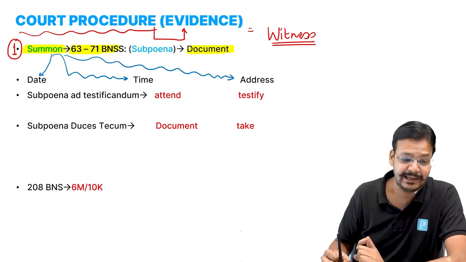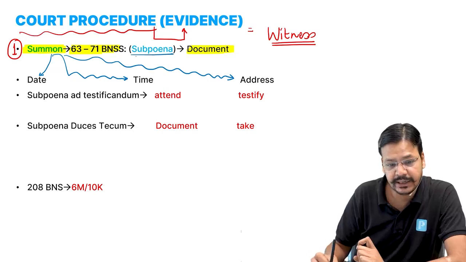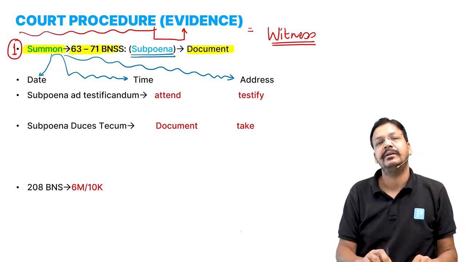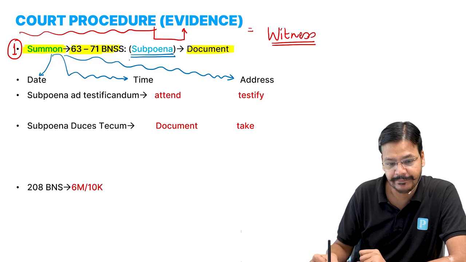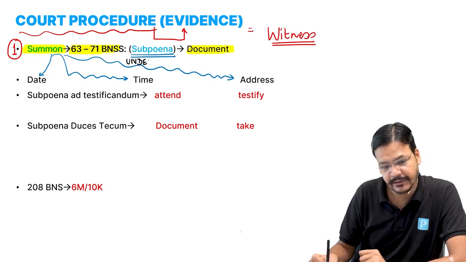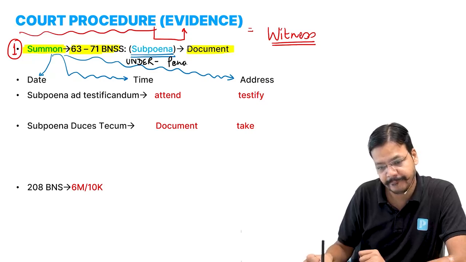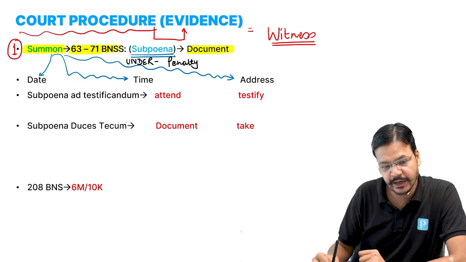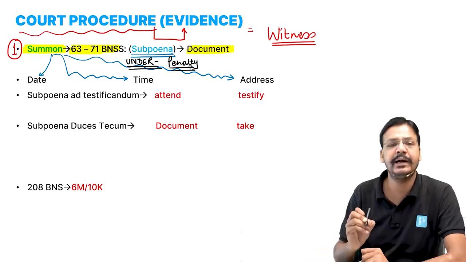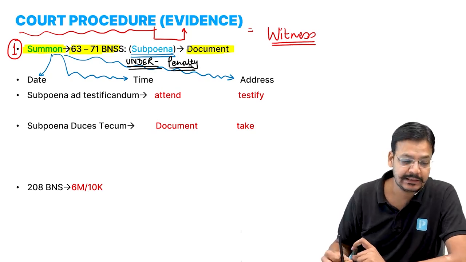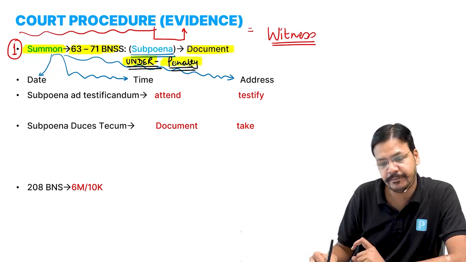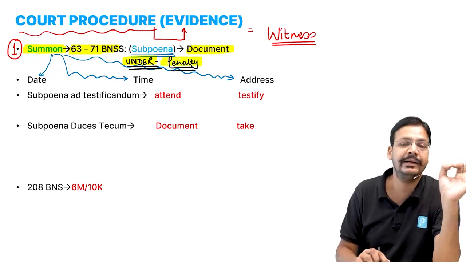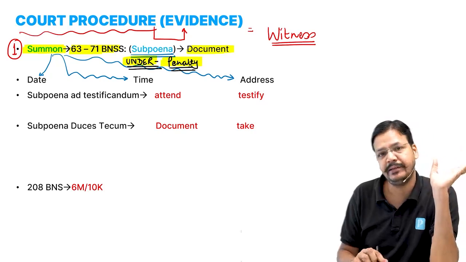The reason is, sir, summons is also known as subpoena. What is the meaning of subpoena? Sub means under, and poena means penalty. If you don't attend the summons, there will be some penalty.